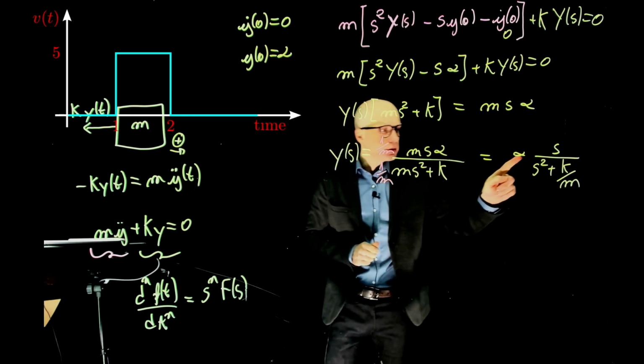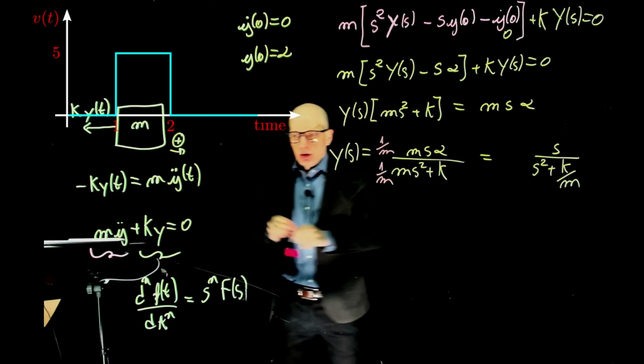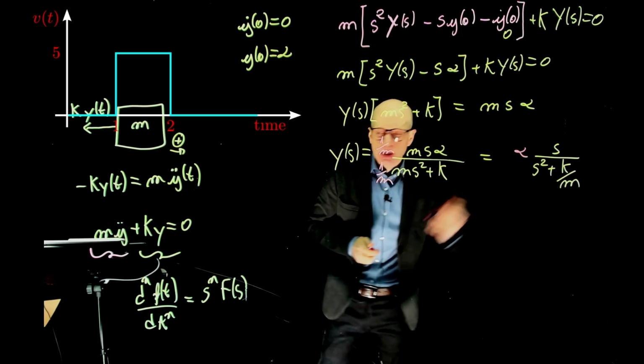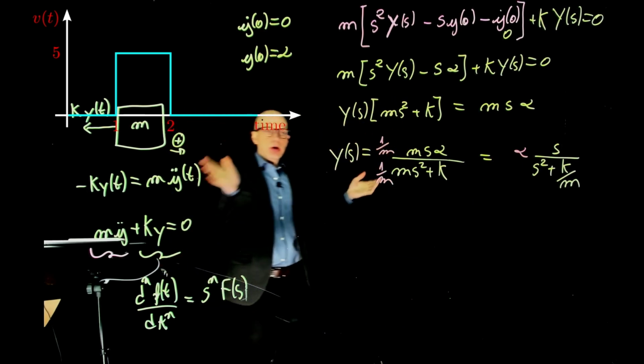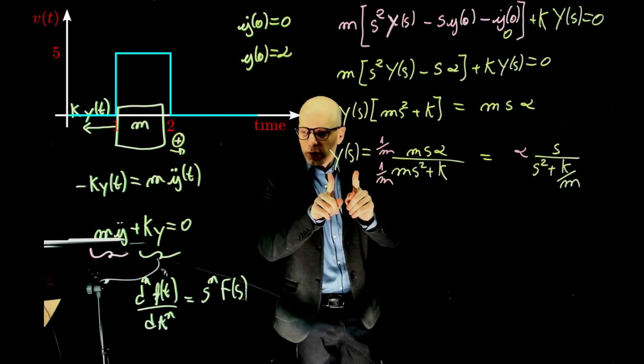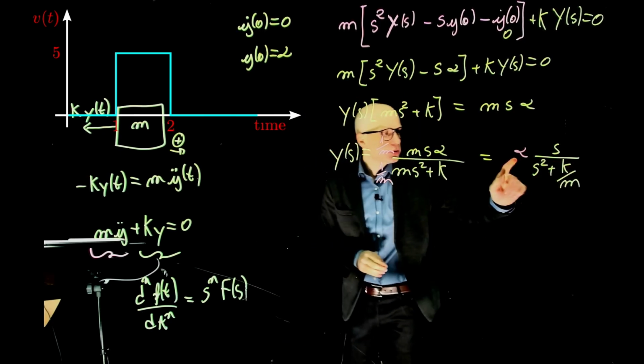This alpha here doesn't look like alpha, it looks like a fish or something. Alpha, which is a constant, right? And you see now we are pretty much done because you have an expression for y of s. It's simply a function of these s's and these two constants.